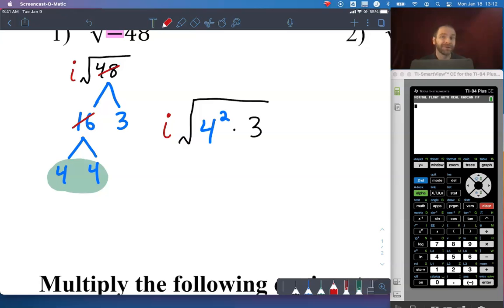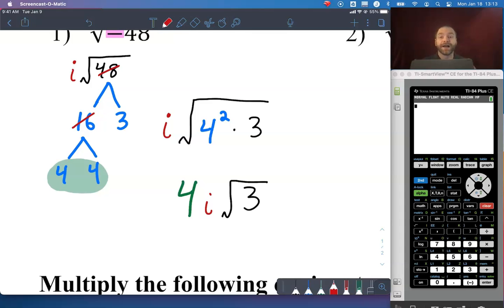If I ask what's the square root of 4 squared, you're going to tell me it's 4. Well, then the 3 remains inside, and I still have my i. And so my final answer for this one is 4i square root of 3. If I have a pair, I don't need to break it down anymore. I can write it as being squared, and the square root's going to cancel that out.